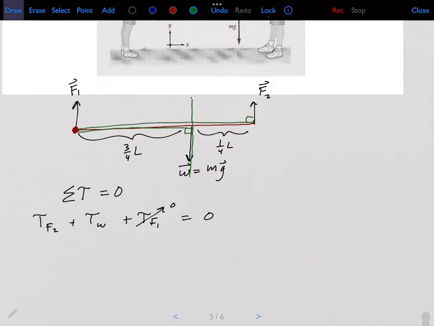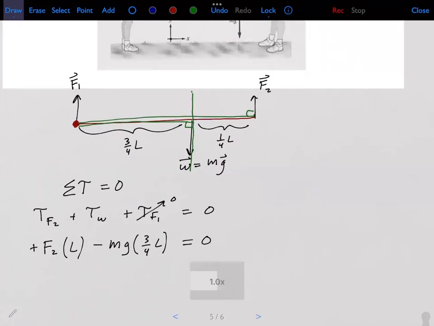So the torque due to F2 will be the force F2 times the moment arm, which is basically L. It's the total length of that plank, whatever it is, L. And that one, let's see, it would tend to rotate it counterclockwise, so that's going to be positive. I'll just write a plus to remind you it's positive. Then the torque due to the weight will be the weight, which is mg, times the moment arm, which is 3/4 L. And that torque is negative, and that's got to equal 0.